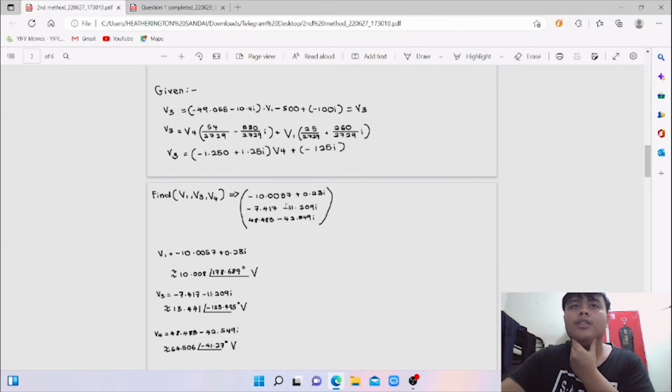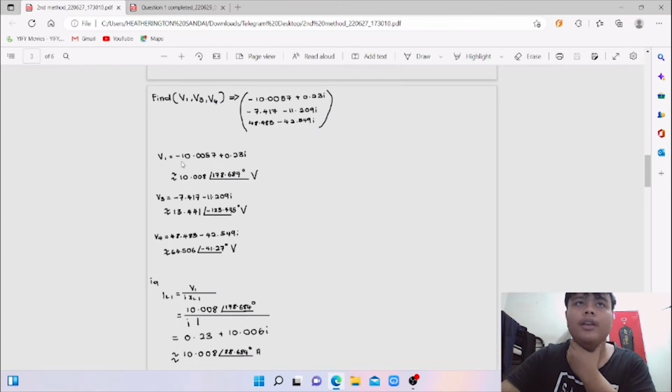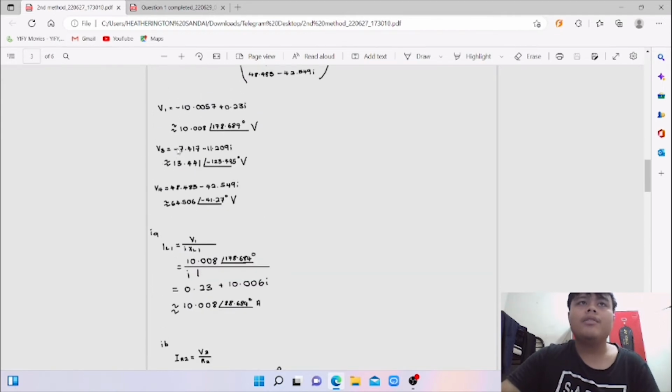After that, I just calculate it by calculator, and I got negative 10.0057 plus 0.3823i. After I calculate it, I change it to polar, so it becomes 10.008 and this is the degree. And then for V3, negative 7.217 minus 11.209i.